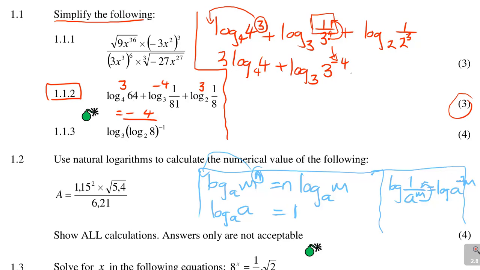Okay guys, and then plus log in base 2, I do the same thing there. 2 to the power of 3, I want it to be on top, so it will be 2 to the power negative 3. Are you seeing that? Now I'm using then this particular law after that to say if the base and the number are matching. Here, look at this, 4, 4, so it's 3.